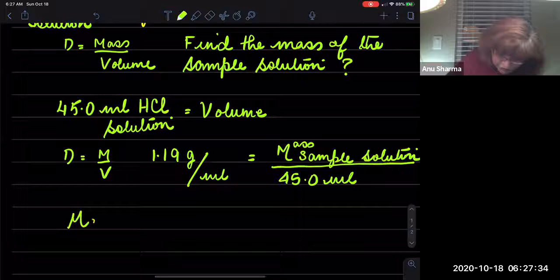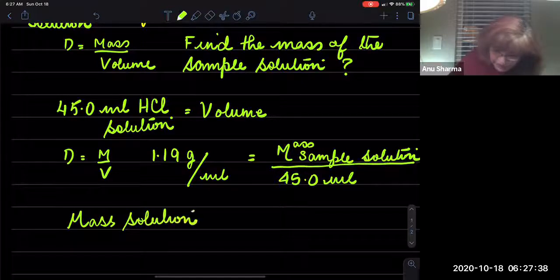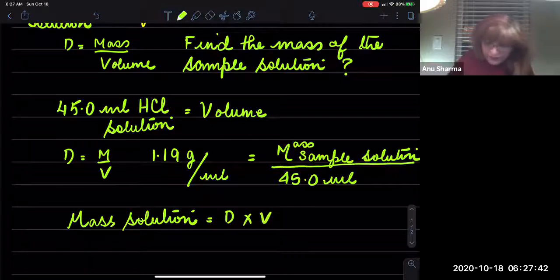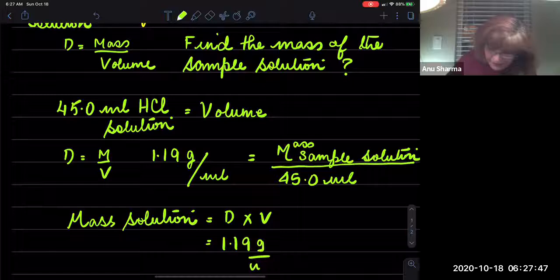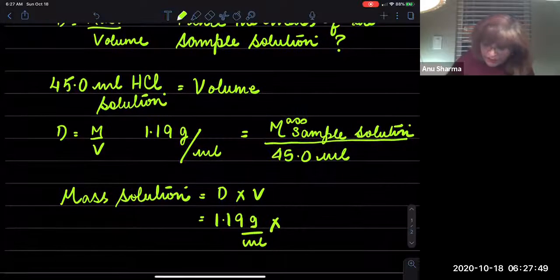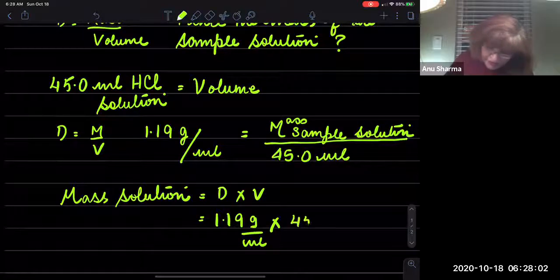So when you solve it, this is the mass of the solution, is equal to density times volume. Density is 1.19 grams per milliliter times the volume, which is 45.0 milliliters.